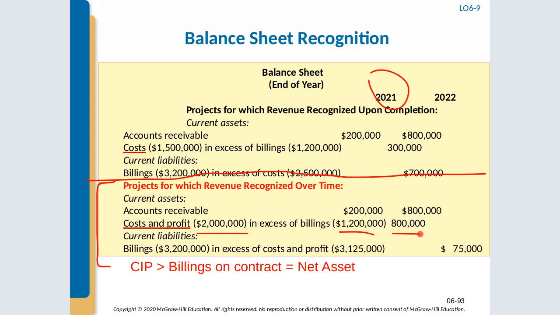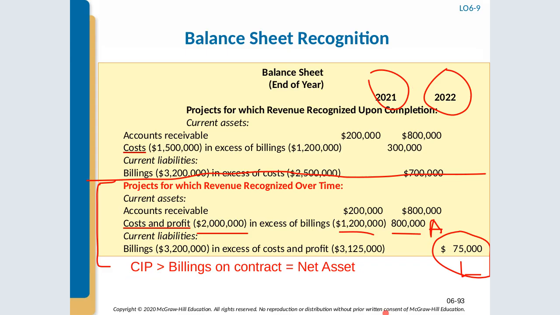So we reported the net 800,000 as an asset. Now, I think in the following year, in 2022, the balance of our billings at the end of the year was greater than our construction in progress account. Therefore, we reported it as a net liability.